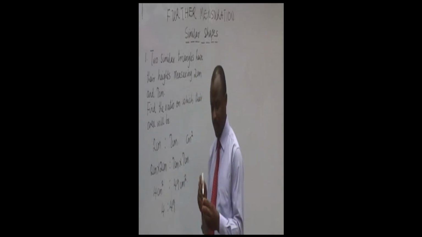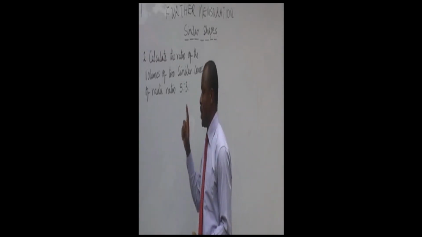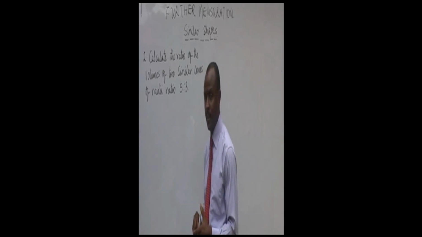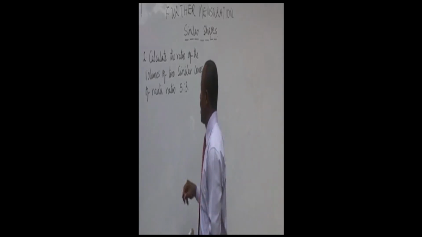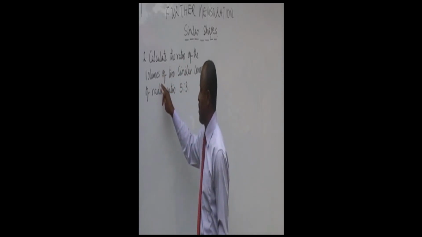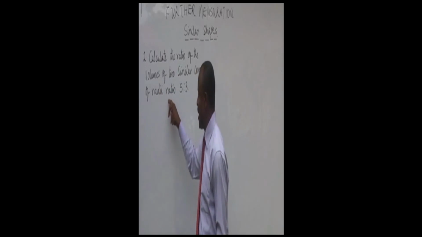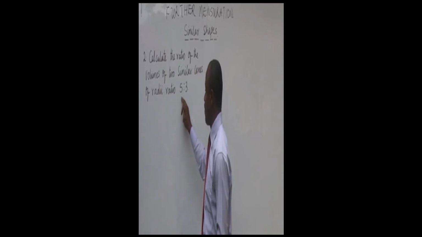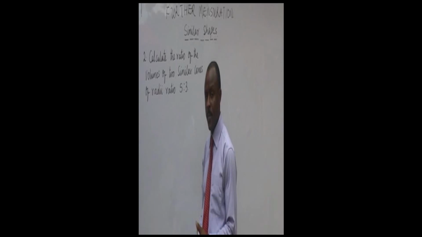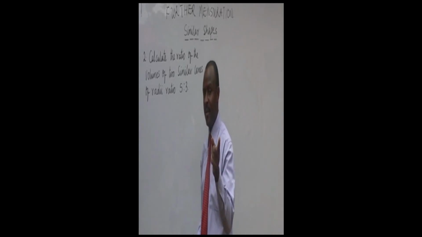You are done. This question number 2 is similar to question number 1. It says, calculate the ratio of the volumes of 2 similar cones of radii ratio 5 is to 3. In the former one, we talked about height and area. How do you get area from a height?